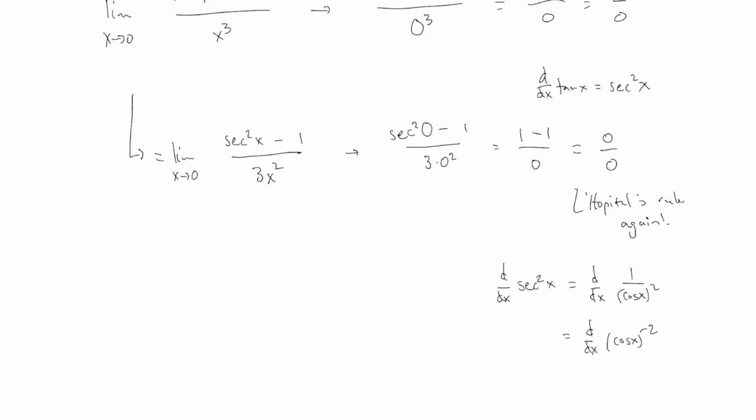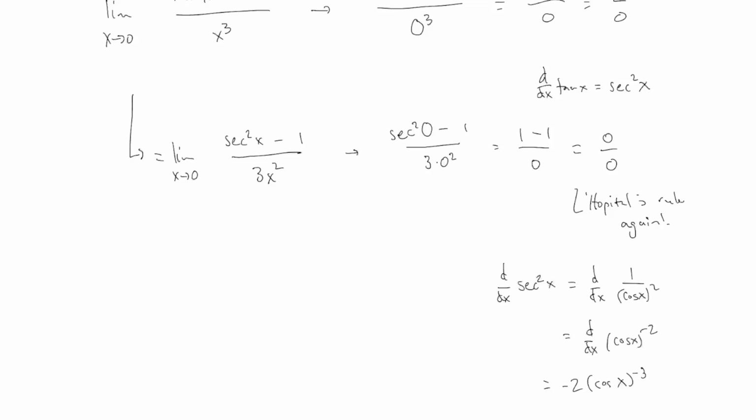So I'm going to do the chain rule on this thing. That means the exponent first comes down to the front, negative 2 in the front, cosine x to the minus 3, because you are decreasing the power by 1 when you take the derivative. And then I go times the derivative of the inside.